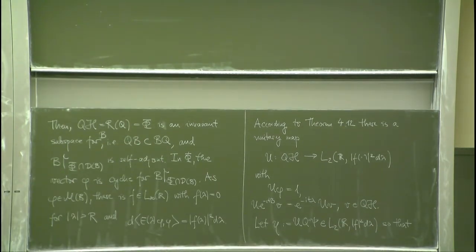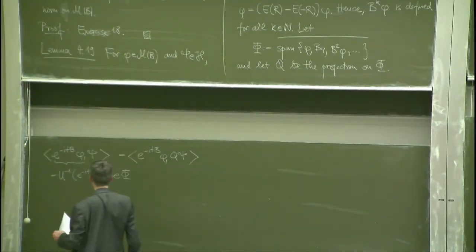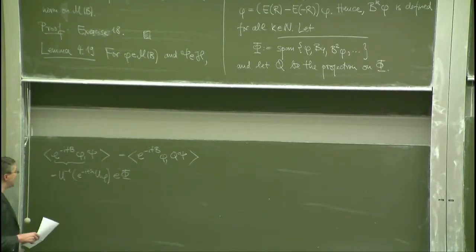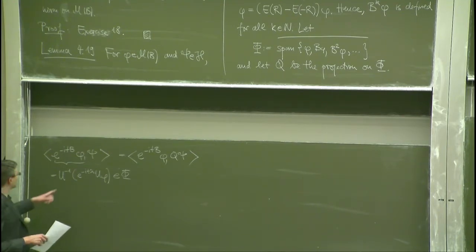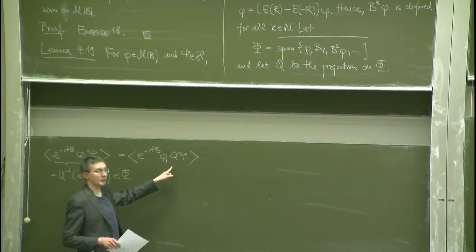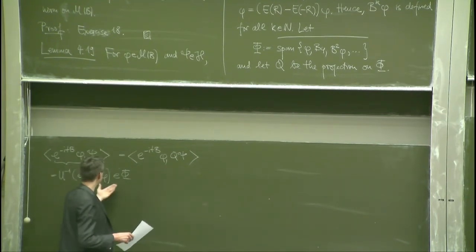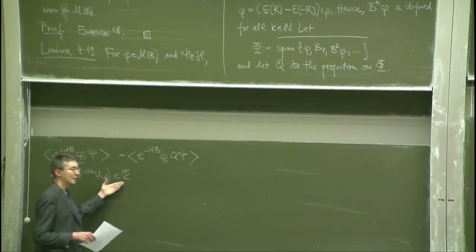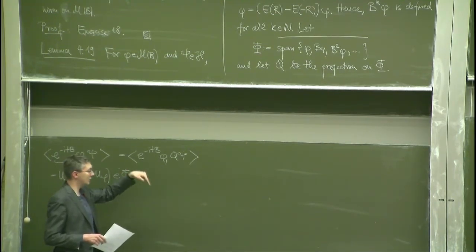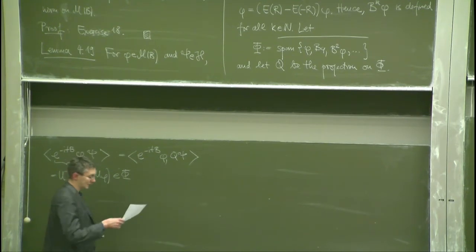So this object lies in phi. If we take the scalar product, nothing will change when we add the projection onto the space for the other vector. This will not change the scalar product because this is in the space phi.